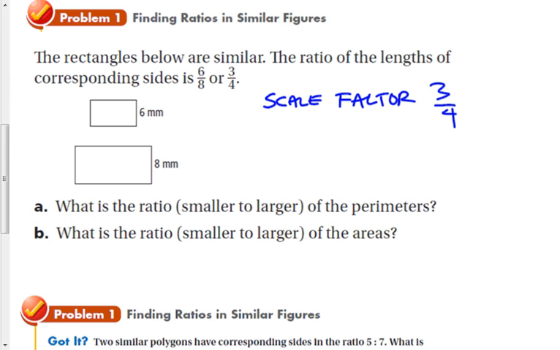So the ratio of the perimeters, smaller to larger, will also be 3/4. And the ratio of the areas, smaller to larger, will be the scale factor squared. So we'll just do 3 squared over 4 squared, which equals 9 over 16. All right, you try that.